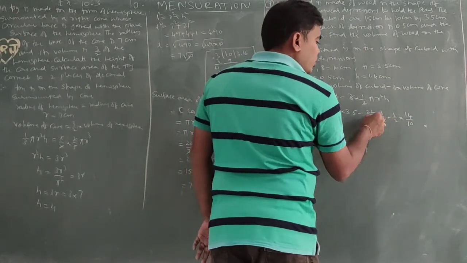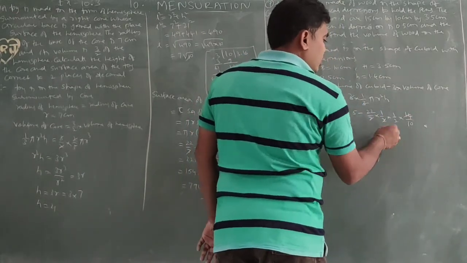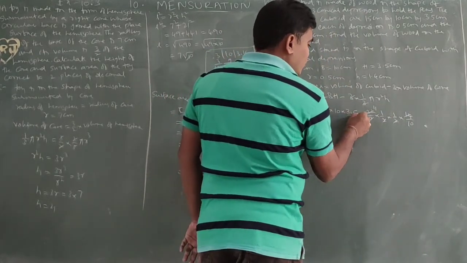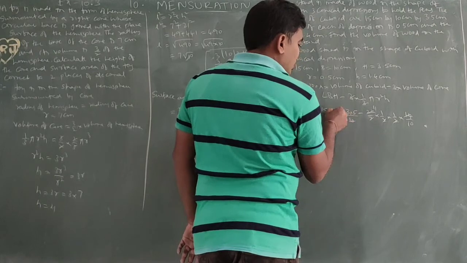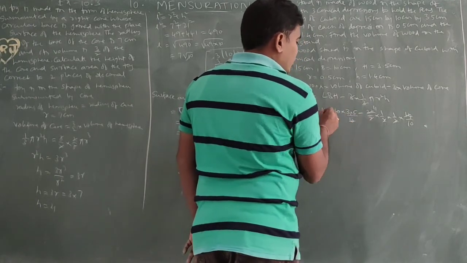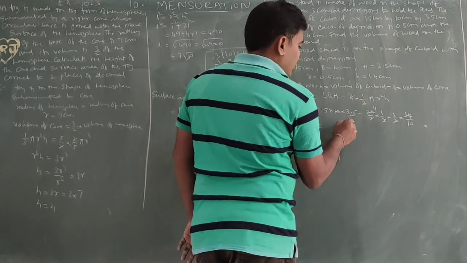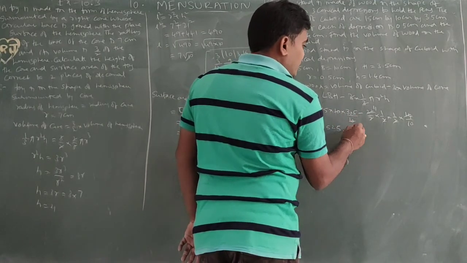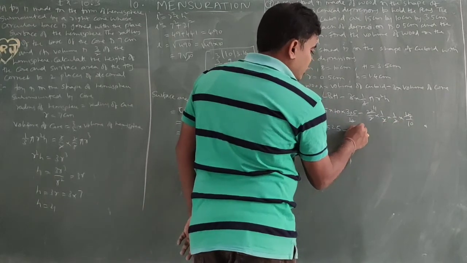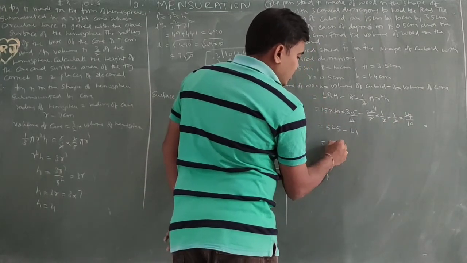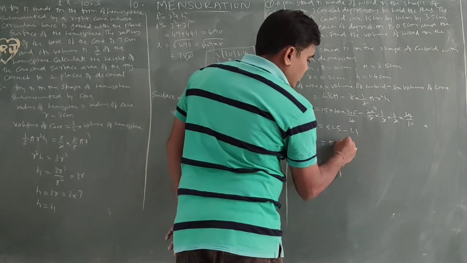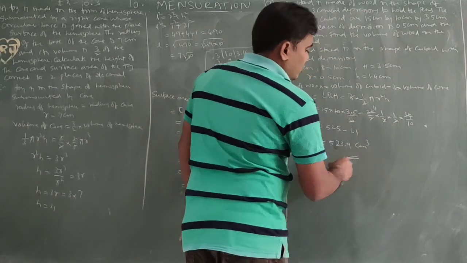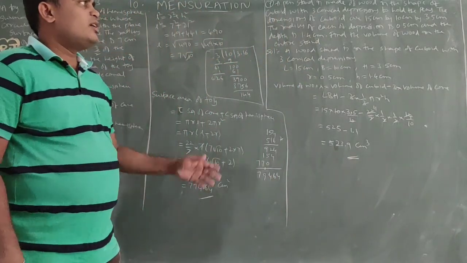So 2 into 7, 14, 14 cancel. 2 into 1, 11. Next, if we remove the decimal, 10 cancels. 15 into 35, 15 into 5 is 75, 50 into 3 is 45 plus 7, 52, minus 11 by 10, 1.1. So 523.9 centimeter cube. This is the required solution.